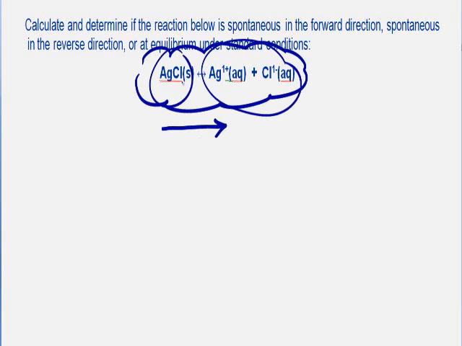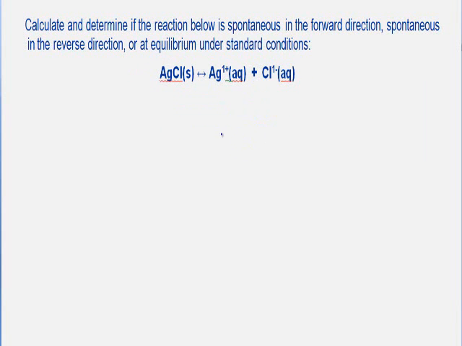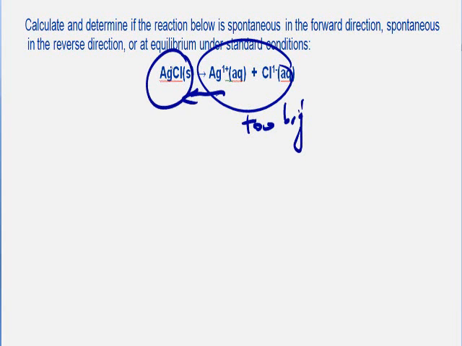Some of the solid would dissolve, bringing the ion concentrations up to equilibrium concentrations. However, if the ion concentrations are too big, the reaction is going to shift to the left, and we'd see solid precipitate forming as the ion concentrations are lowered in an attempt to reach equilibrium for our saturated system.